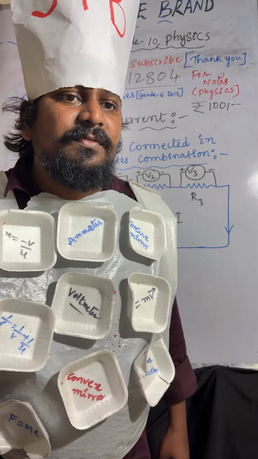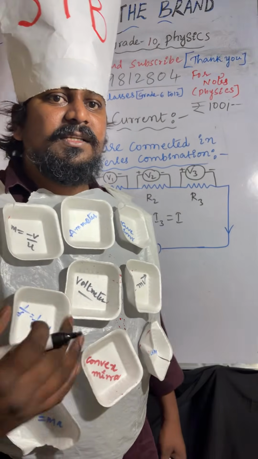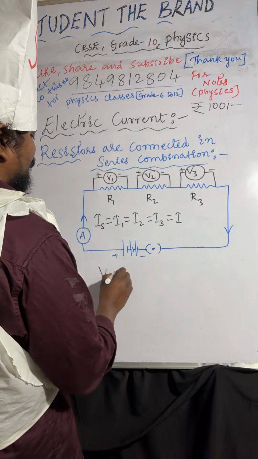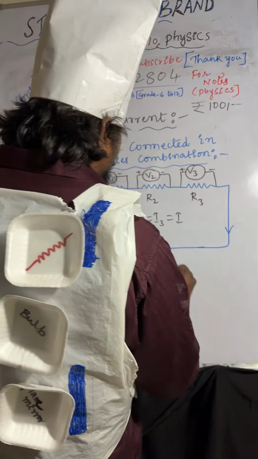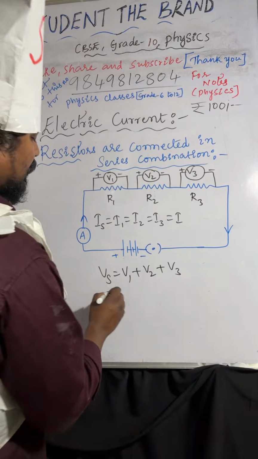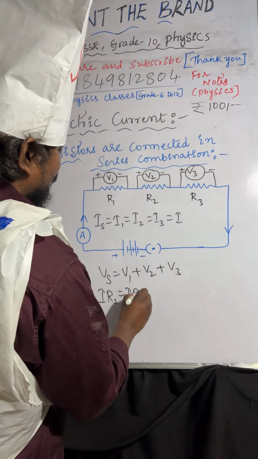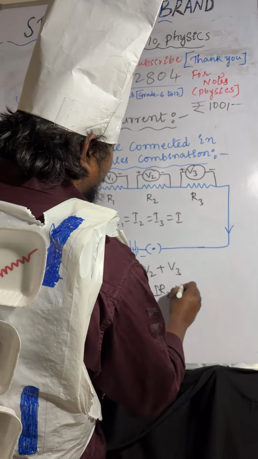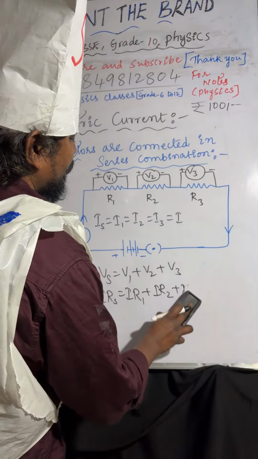Then we can take Vs equal to V1 plus V2 plus V3. Then we can write I Rs equal to I R1 plus I R2 plus I R3.